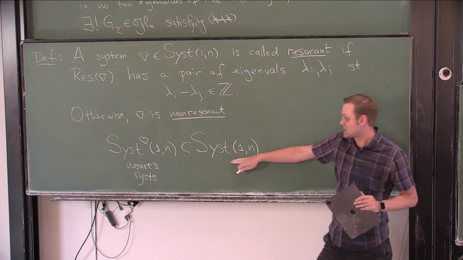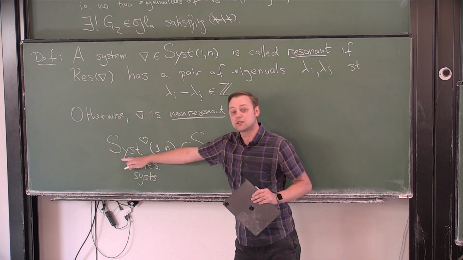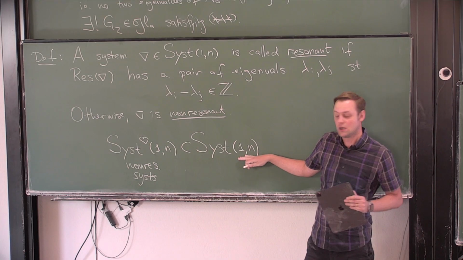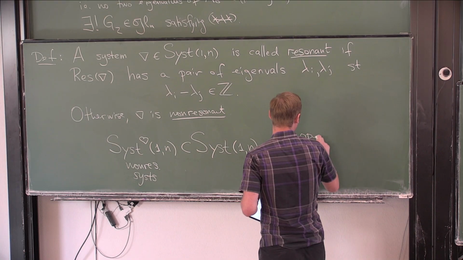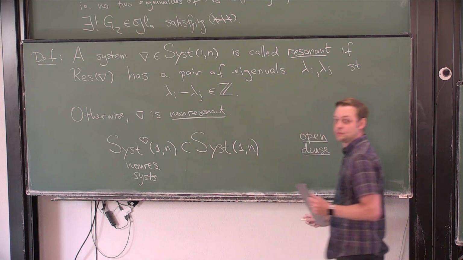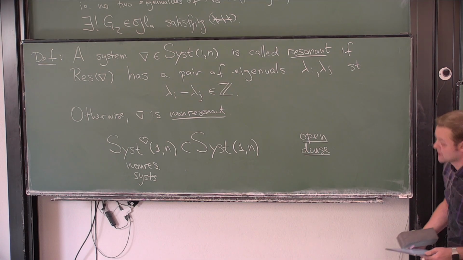With respect to that topology, you can say exactly why this subset of non-resonant systems is in some sense almost all the systems: it is an open dense subset.